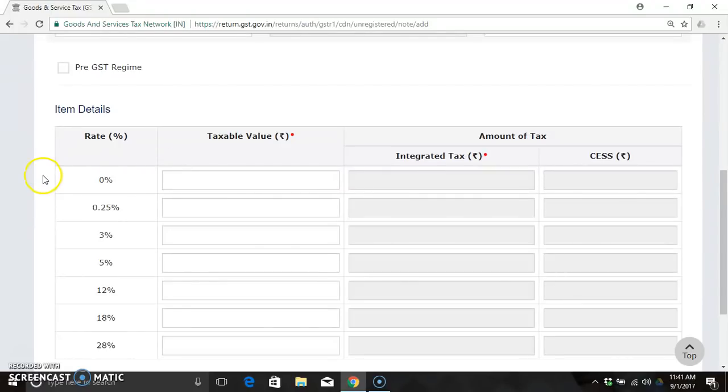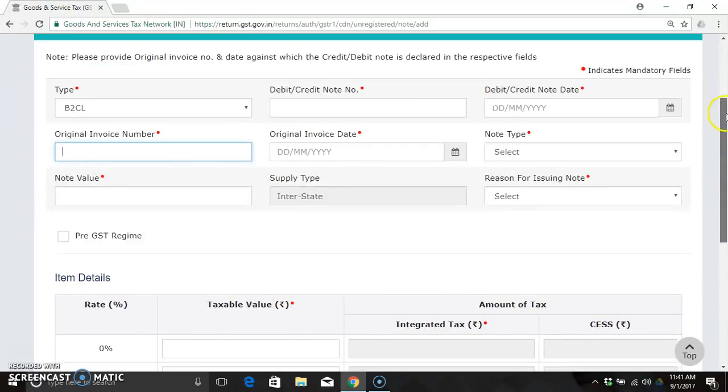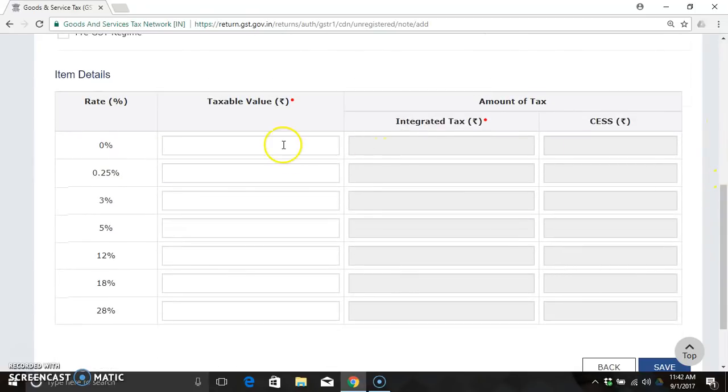The next is item details. Item details is with regard to the details of the item. Now, if the rate of the item is 0%, that is whenever the value of the goods is exempted, then you go for 0%. Then if it is 0.25%, that is with regard to uncut diamonds, then you provide the taxable value here. With regard to gold jewelry, provide the taxable value over here.